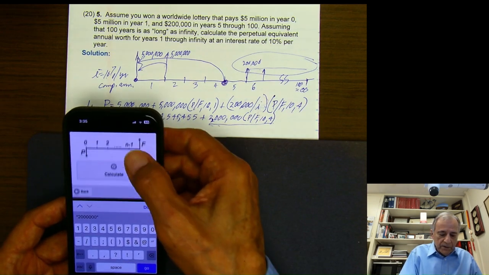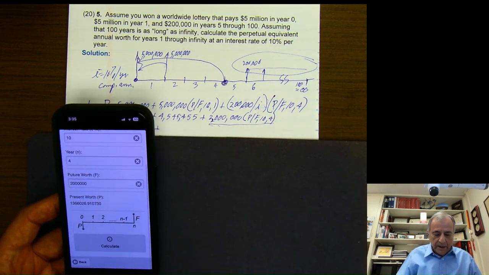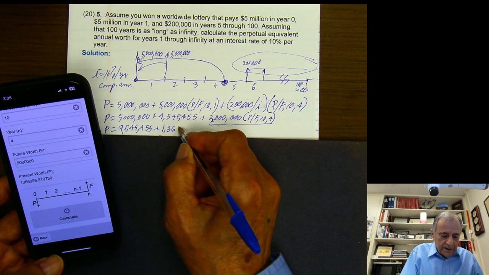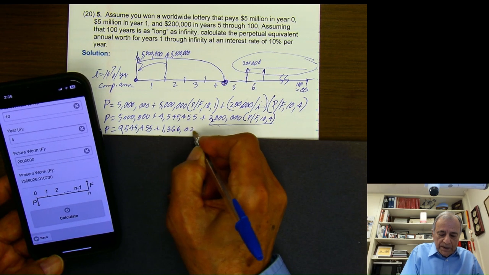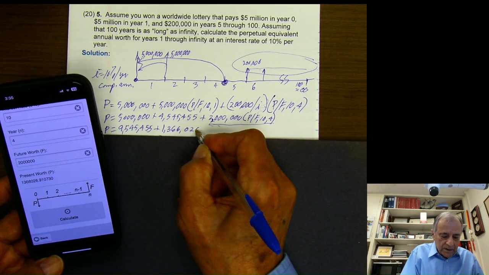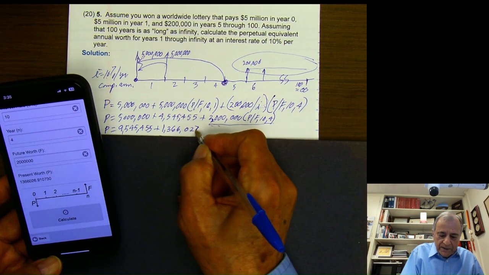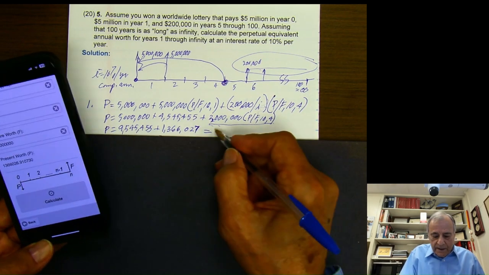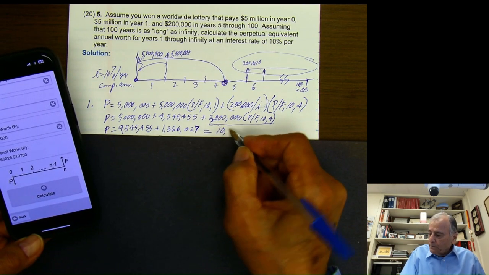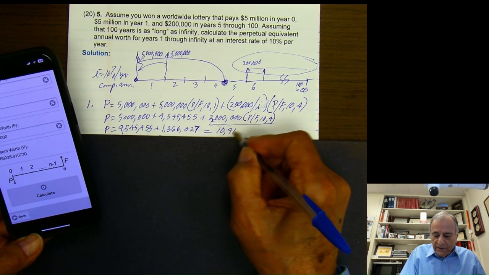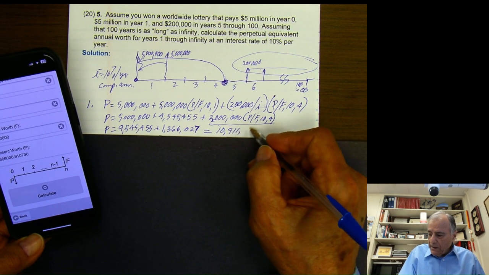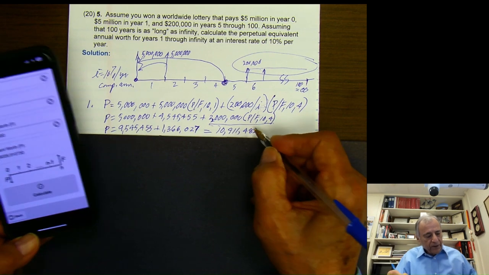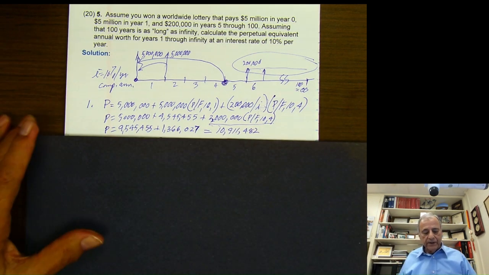And so I tell it to calculate, and I get 1,366,026 and $27 actually. And so when I add those two together, I get $10,911,482. Okay, $10,911,482.